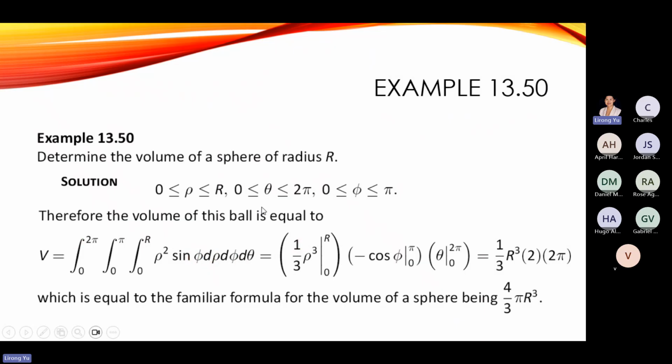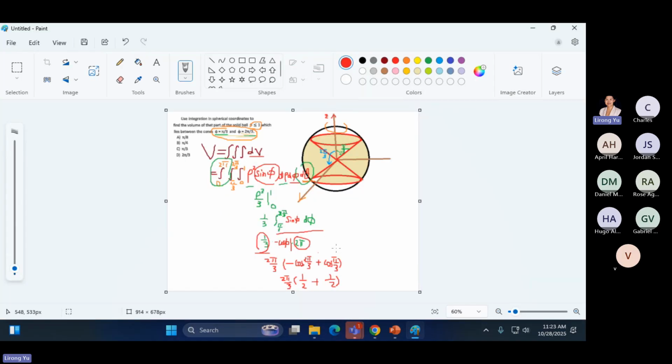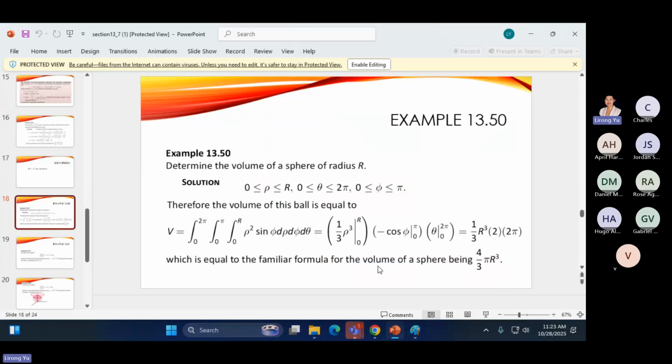It's a simple sphere. What we were calculating in the bigger question is part of a sphere. So all that's different is that we have the integration limit for phi, from pi over 6 for the lower limit to pi over 3 for the upper limit. Is there any difference between this example and this example?